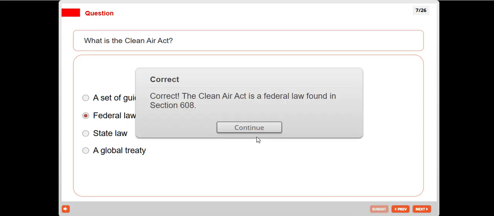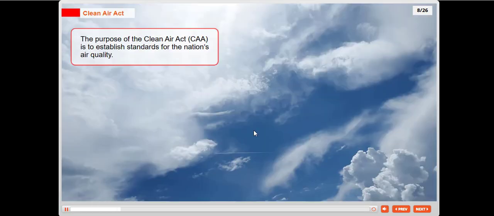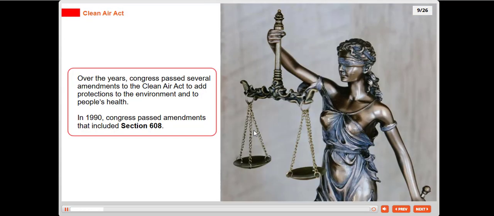Yeah, the Clean Air Act is a federal law. The purpose of the Clean Air Act is to establish standards for the nation's air quality. Over the years, Congress passed several amendments to add protections to the environment and to people's health. In 1990, Congress passed amendments that included Section 608.